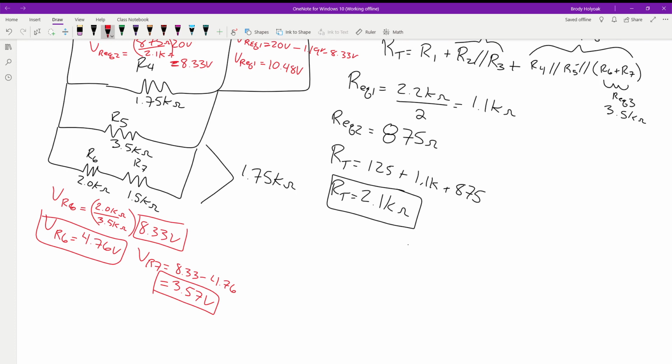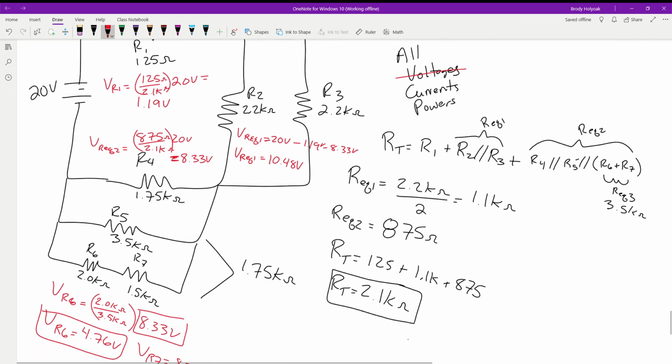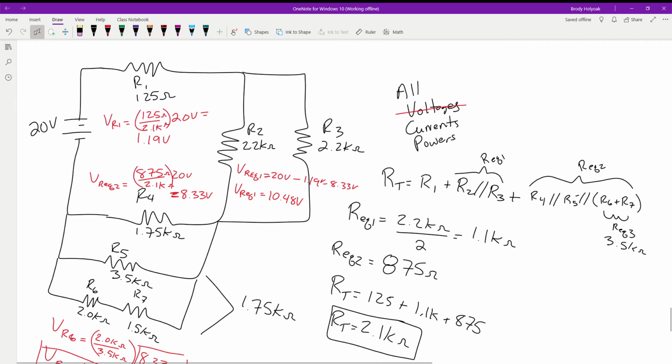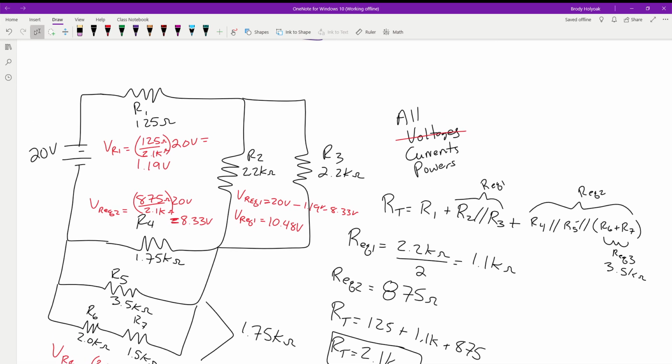We good there? Okay. So now that we have our voltages, we want to look at getting our currents. What's going to be special about the current going through R1? It's the same as the total current. So IR1 is going to equal I total. And we can double check that.